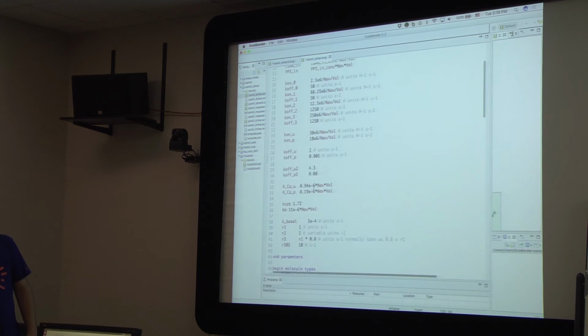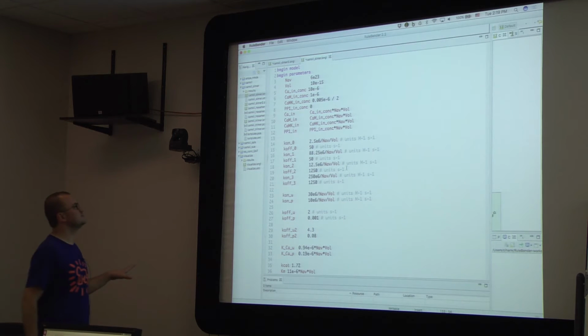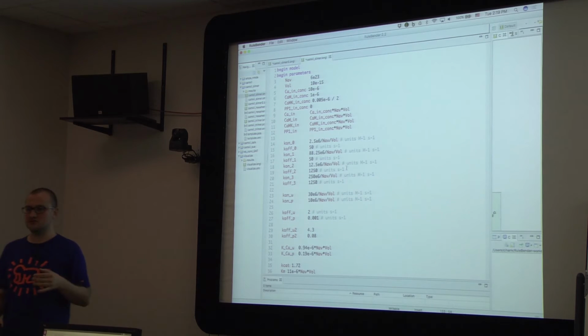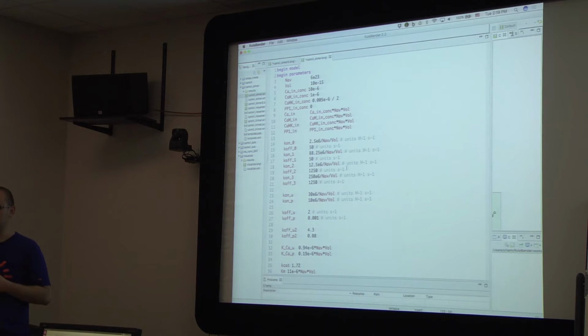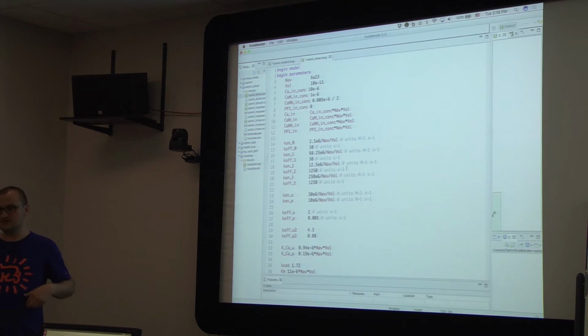But there is one thing that I would like to tell you about, which is, in general, we always give the parameters in terms of concentrations, but if you are doing stochastic simulations or NFsim, it's better to define them in terms of molecules.